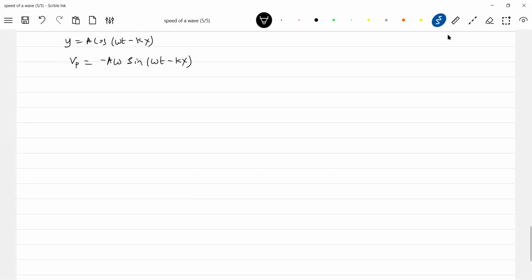Okay, now what is the thing at t equals 0? At t equals 0, this will be y equal to cos of minus theta, which will be cos theta. For the time being, let me write it. So speed of particle will be minus a omega. Look at this one now.